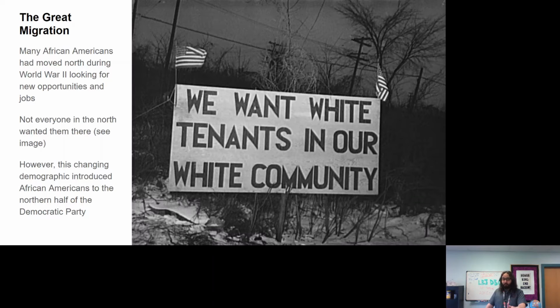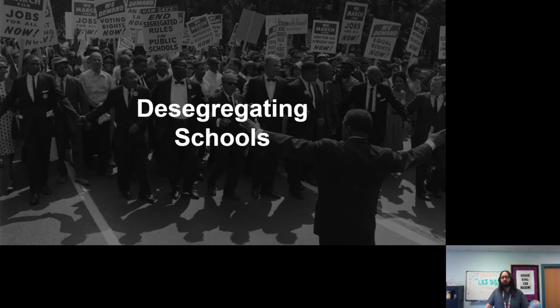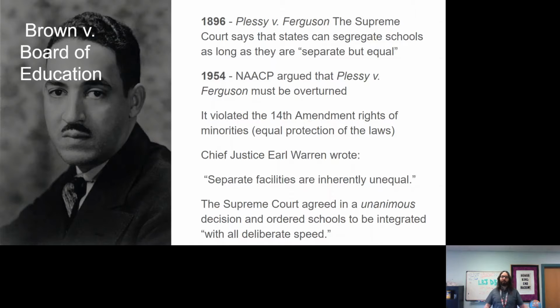And now the southern part of the Democratic Party is still very anti-civil rights, but the northern half of the party starts kind of getting involved very slowly in civil rights and stuff like that, because, hey, more people to vote for them. So desegregating schools, big part of this.